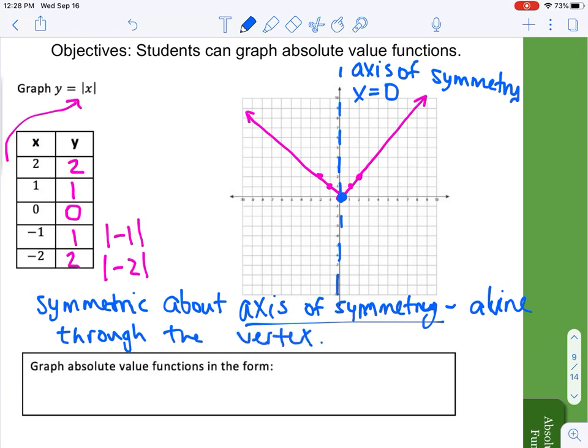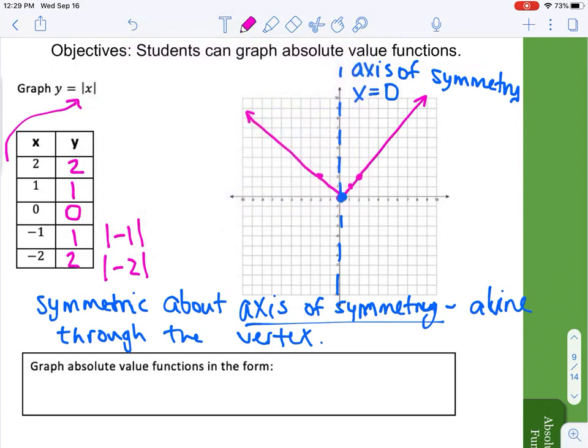So when I say it's symmetric about it, that just means this point is 1 away from the axis of symmetry and the other point on the other side is 1 away. These are 2 away on each side. So really we can draw one line and then just reflect it across.